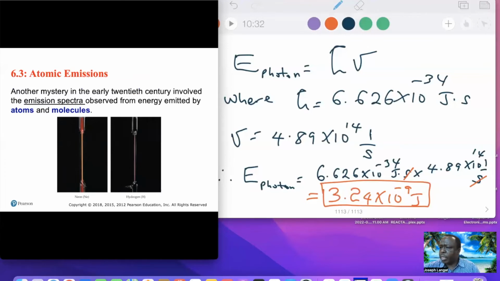Now, that takes care of section 6.2. Still, we haven't tied the properties of light to atomic structure. We are just trying to explain the observation, right?